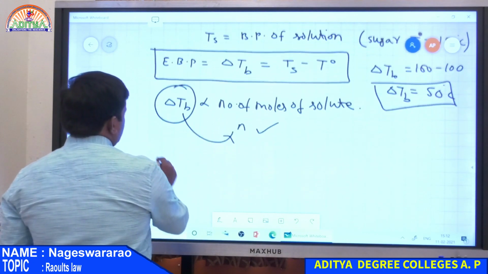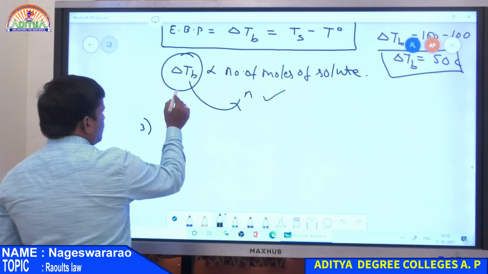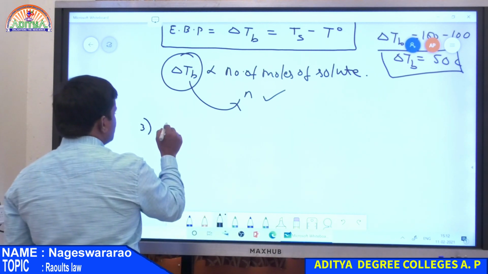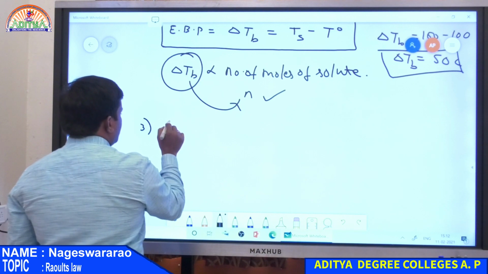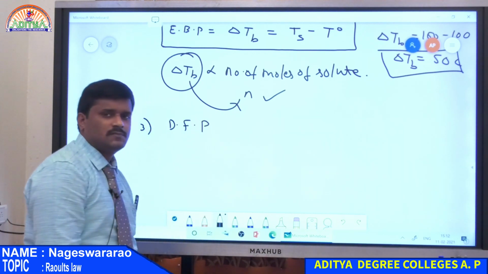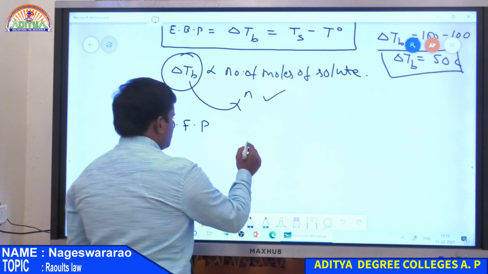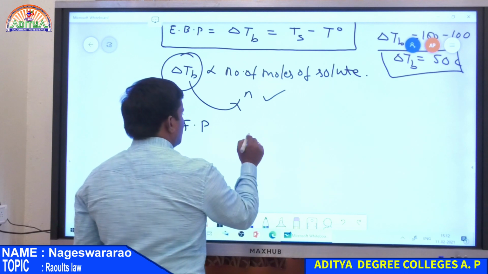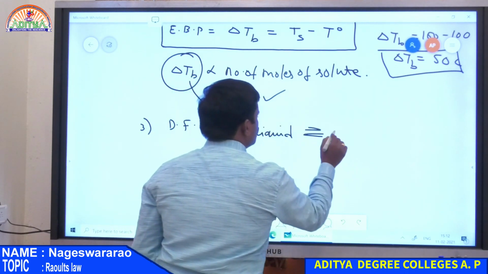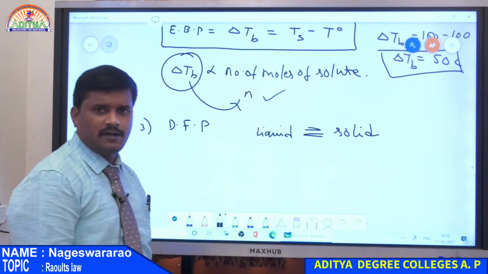And the third one also, we derive this relation tomorrow in the next class. Just now I am going to explain the third property, that is depression in freezing point. Similar relation: the temperature at which a liquid is converted into solid is nothing but the freezing point.